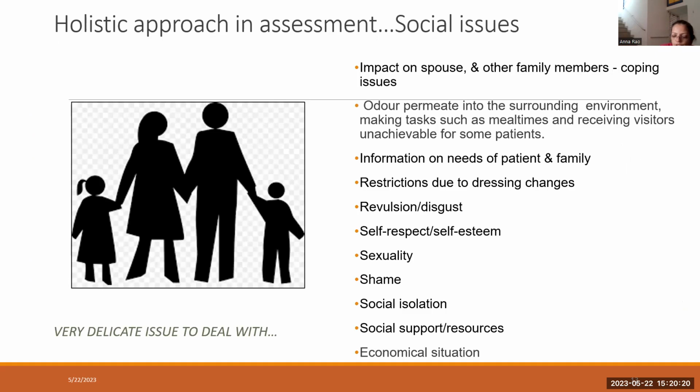What about the social issues? Okay, body image will have, of course, great impact on one's identity and relationship. Even with the spouse, it will mean a lot. Okay, and if the patient is female, then she will feel totally lost.